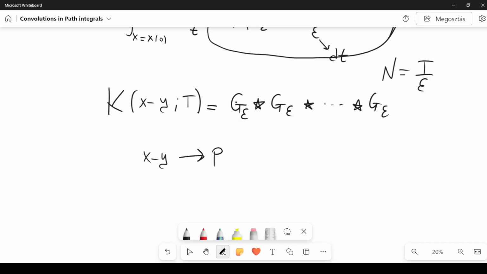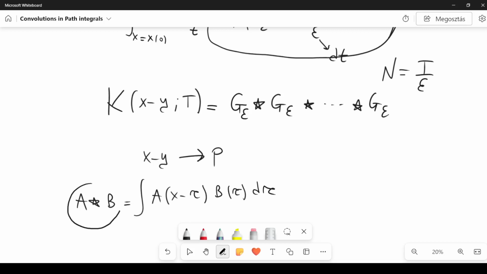When we have a convolution between two functions, for example a and b, we have an integral of the kind a of x minus tau, b of tau, d tau, and you can see that this convolution depends only on x.